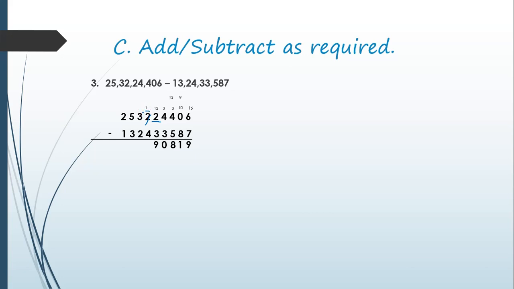For that I will borrow from the next place. 3 will become 2, and 1 will become 11. 11 minus 4 is 7. 2 minus 2 is 0. 5 minus 3 is 2. 2 minus 1 is 1. Hence this is our final answer: 12 crore 7 lakhs 90,819. This way we need to do the subtraction.